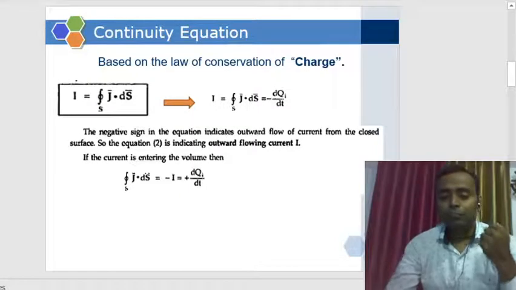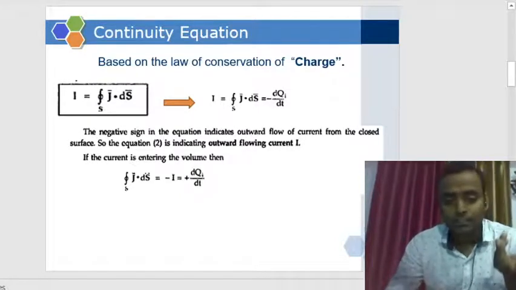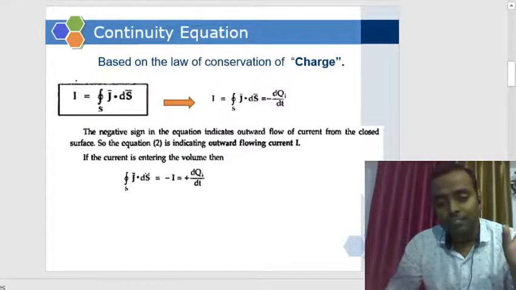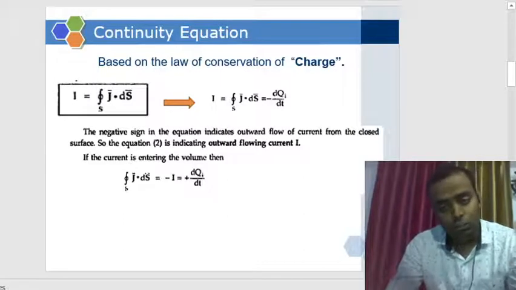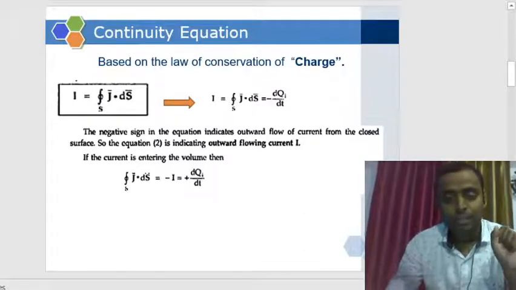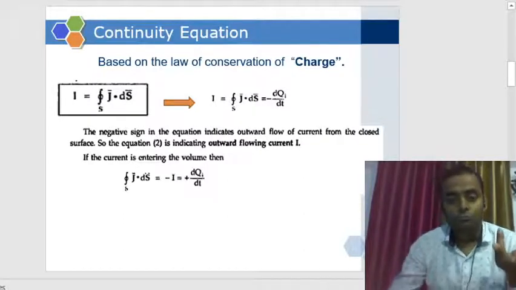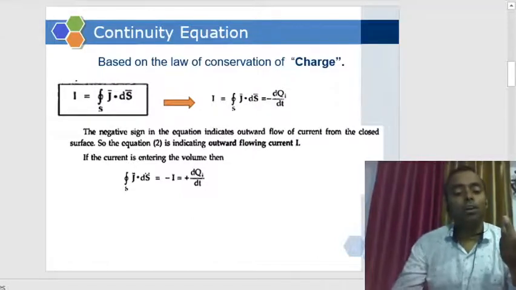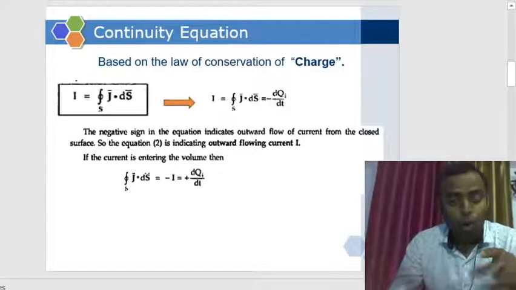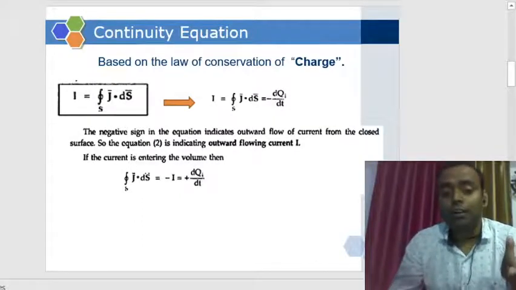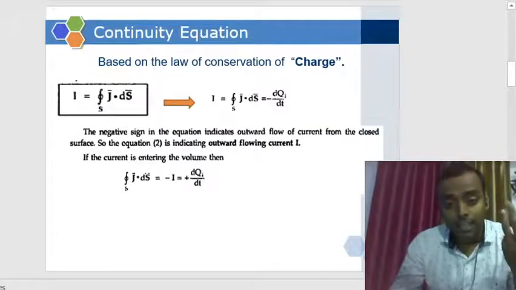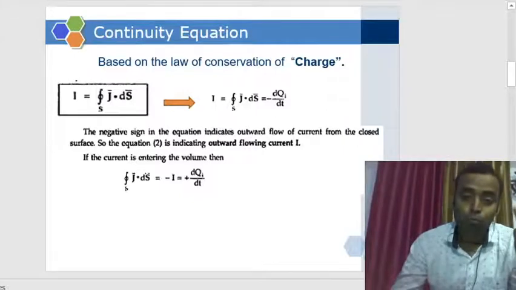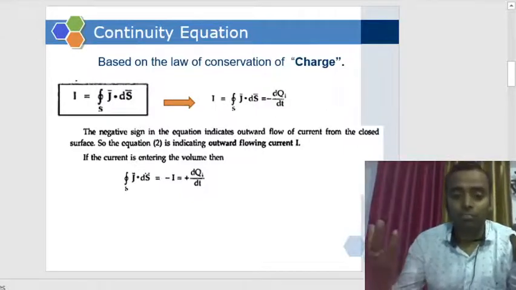Any law of conservation says that a thing cannot be created or destroyed. So the law of conservation of charge says that charge cannot be created or destroyed. It can only transform from one form to another.